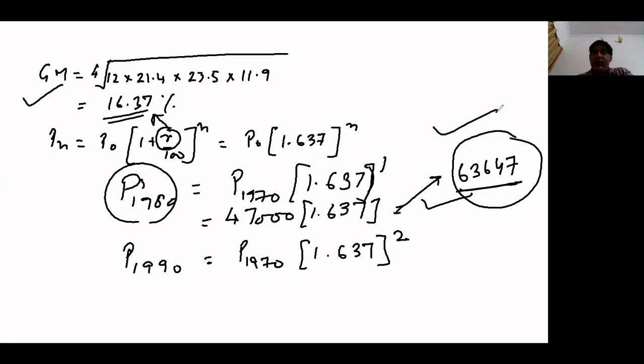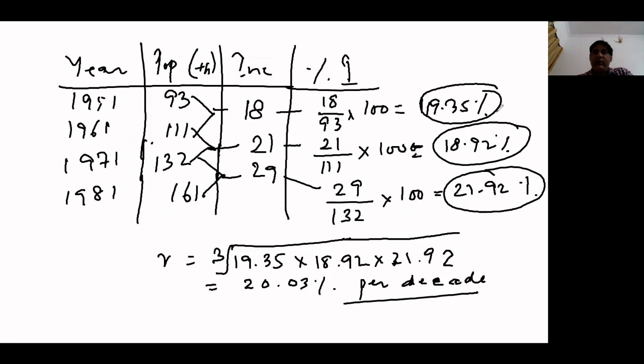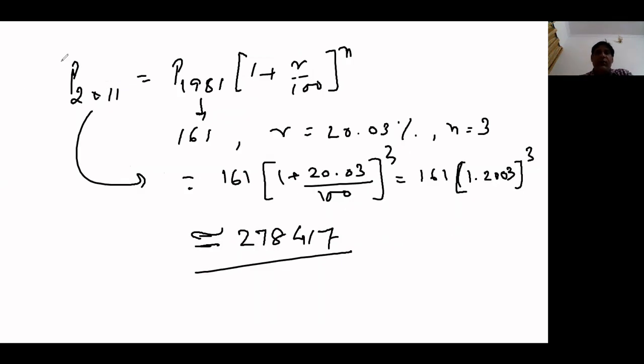Now in today's lecture, we have also studied one more example for the geometric method, and we found out the population for say a decade and 3 years from now, after 3 decades.